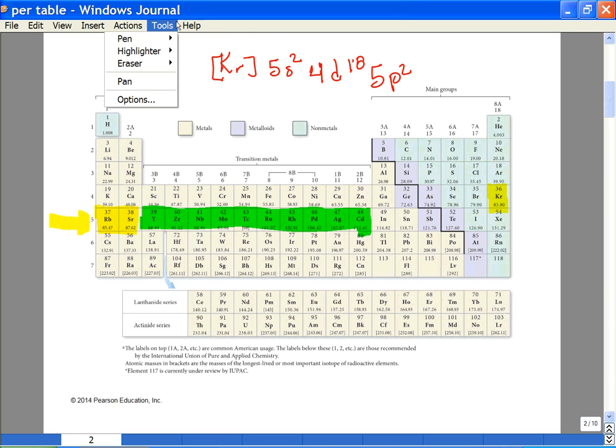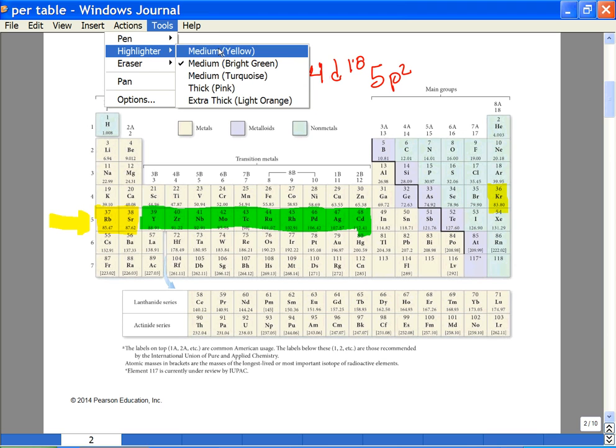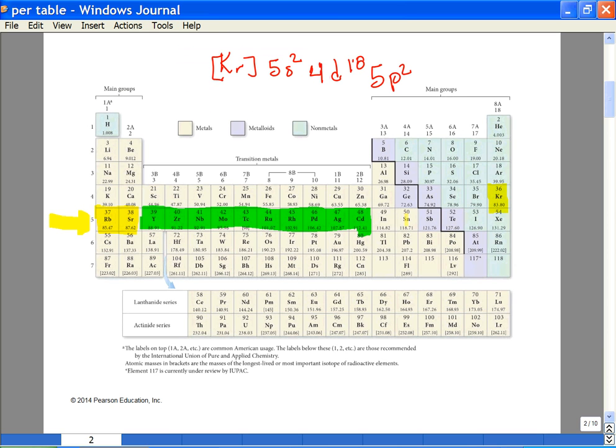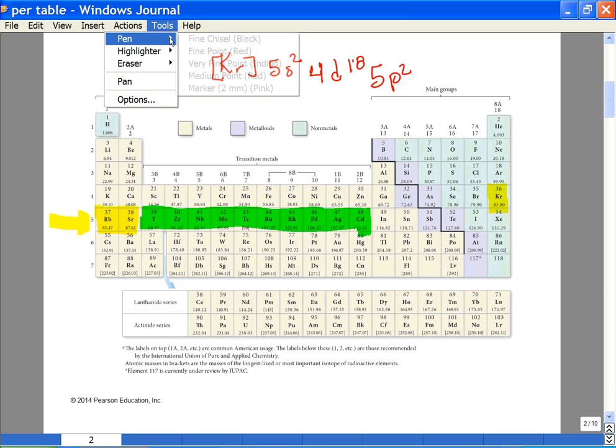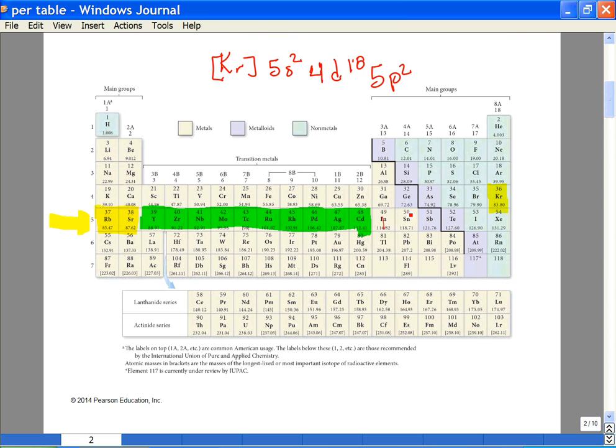And then we count over into the P block, 1, 2. So the atom is Sn, or tin.